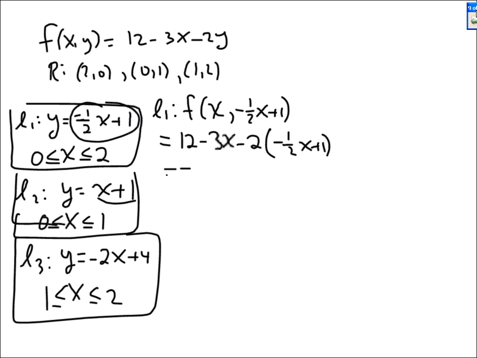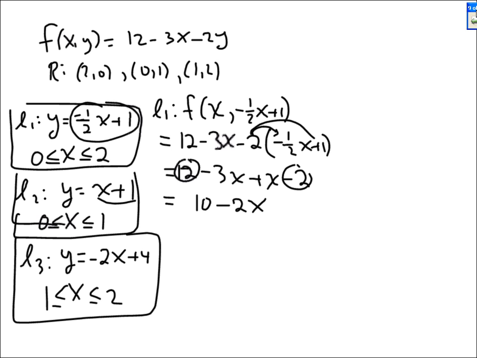So this is 12 minus 3x plus 1x, excuse me, minus 2. 12 minus 2 is 10, minus 2x. And x is between 0 and 2.